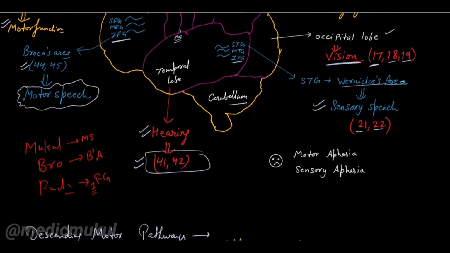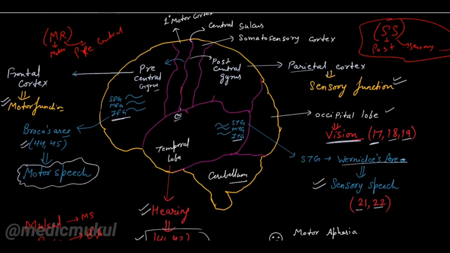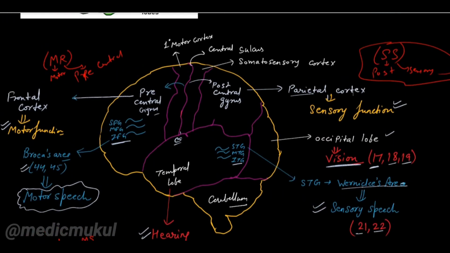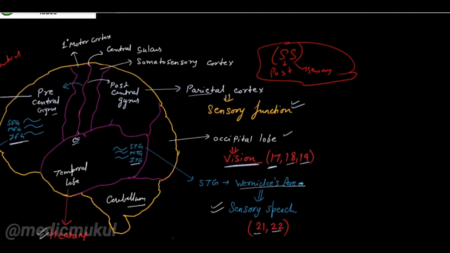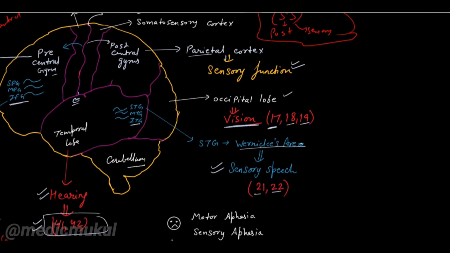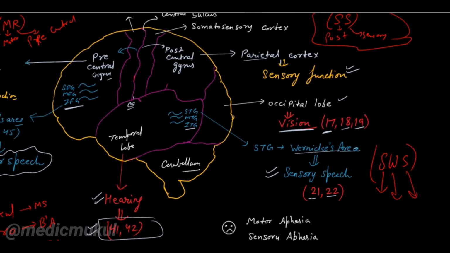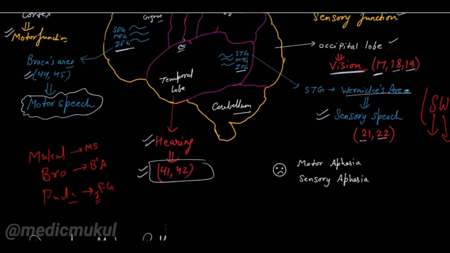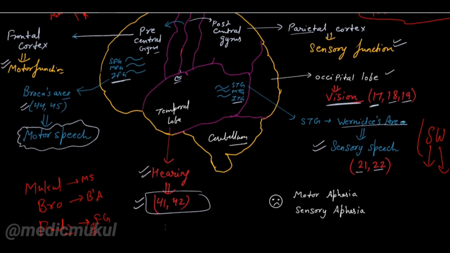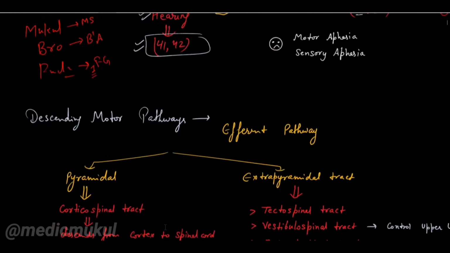So remember Mukul bro fuck, that is our motor speech, and Mr. SS, that is the precentral gyrus and the postcentral gyrus. Also remember SWS. S for sensory speech, Wernicke's area, and superior temporal gyrus. And remember also Brodmann's areas 17, 18, 19 for vision, sensory speech 21, 22, hearing 41, 42, Broca's area 44, 45.